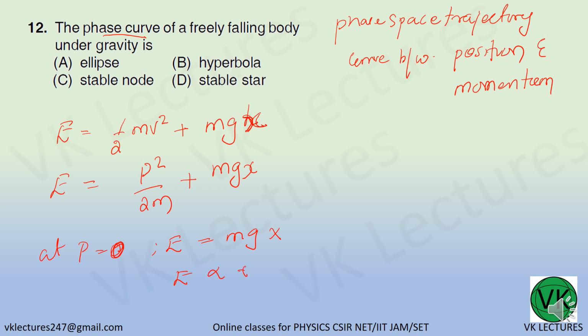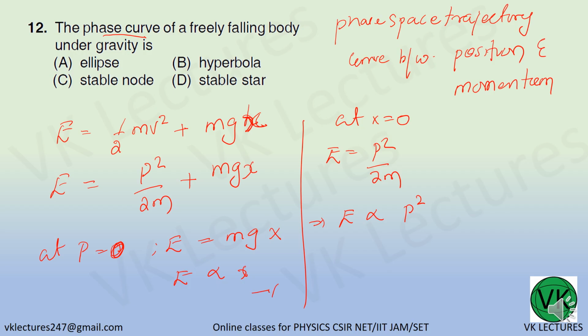Now at x equal to 0, your energy is equal to p squared divided by 2m, which means energy is proportional to p squared. Now you have two relations: energy is proportional to x and energy is proportional to p squared.